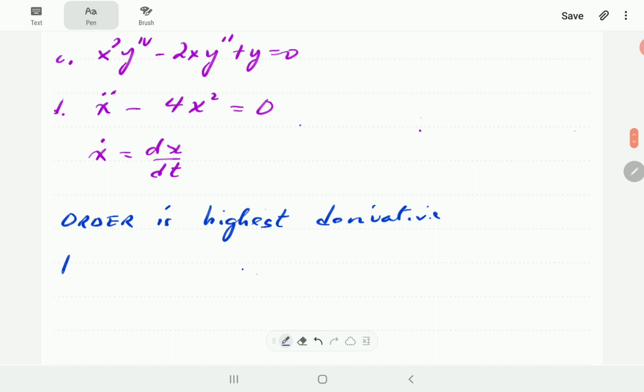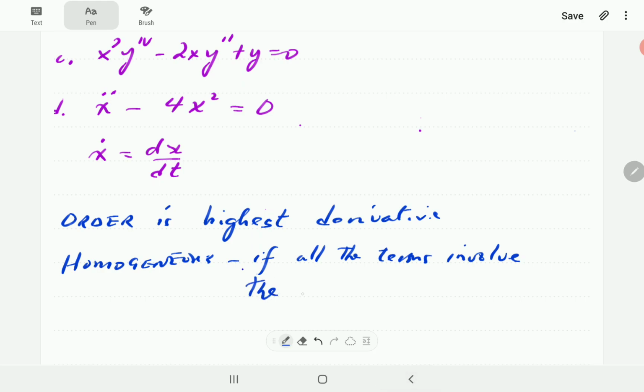And then there is also homogeneity. An ODE is called homogeneous if all the terms involve the dependent variable. Okay, the dependent variable.